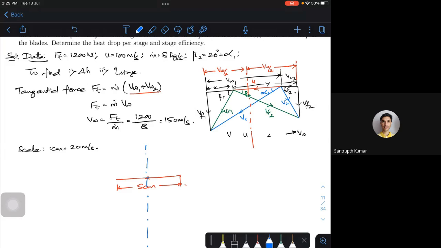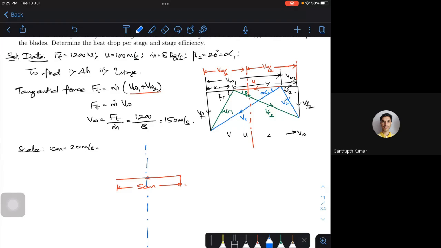How much will it be? 75 divided by 20 is 3.75. So this is 2.5, another 1.25 to the right hand side.